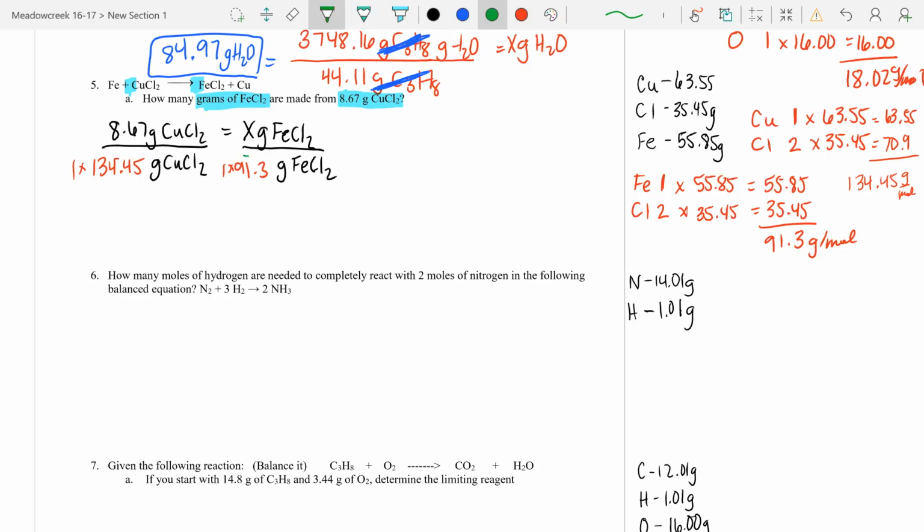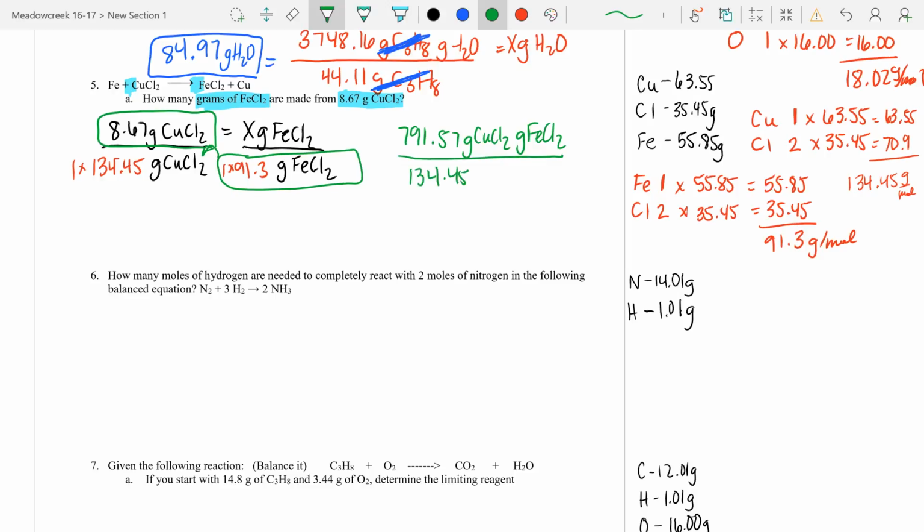So when I cross multiply this whole bottom piece times this top piece, okay, I have 91.3 times 8.67, and I get 791.57 grams CuCl2, grams of FeCl2, over 134.45 grams of copper chloride.